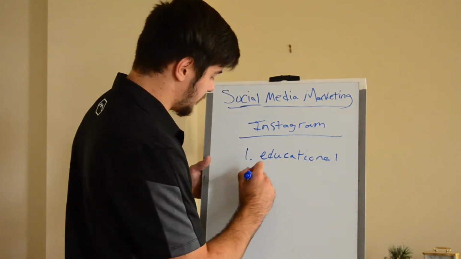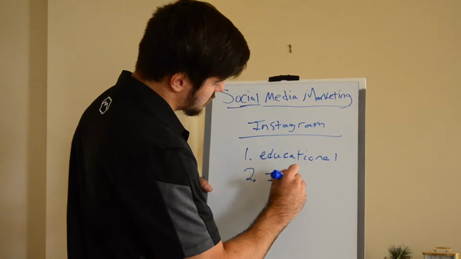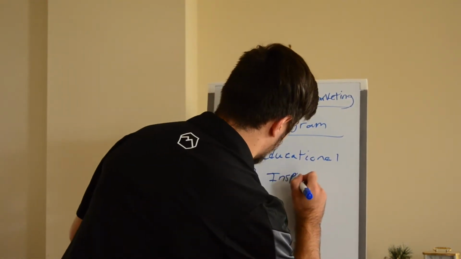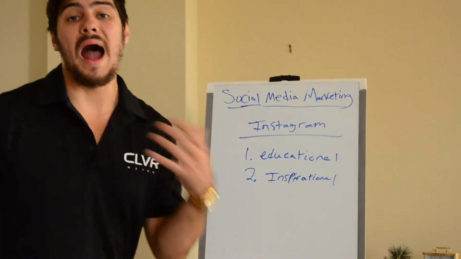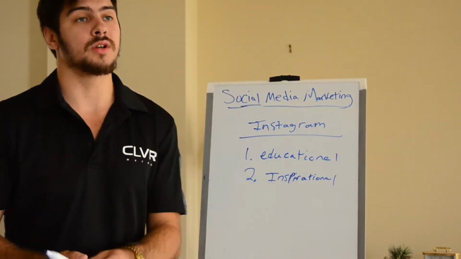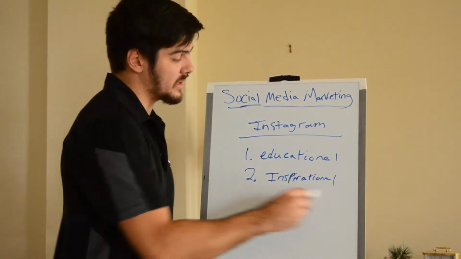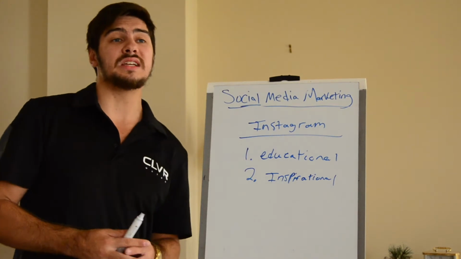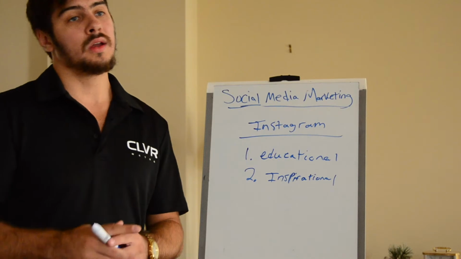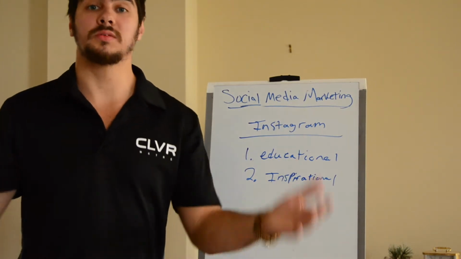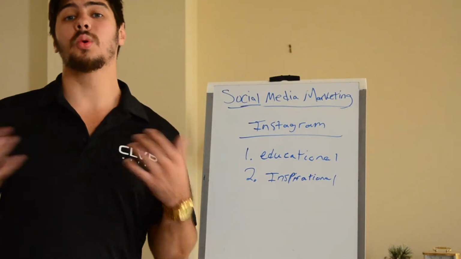Second type of post is called an inspirational post. We want to start inspiring people to chase after their dreams or to take one step closer to whatever they wanted to achieve. So you want to start writing inspirational posts. It could be as easy as a quote you got from someone or a story you told, how this guy was helping homeless people get better and find jobs. Any kind of inspirational post that is going to relate with your audience.